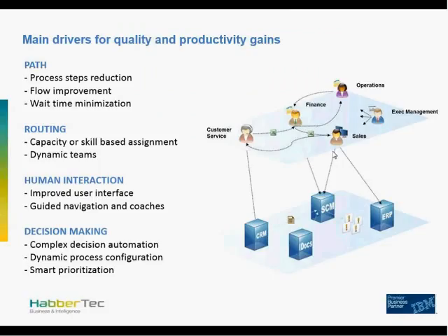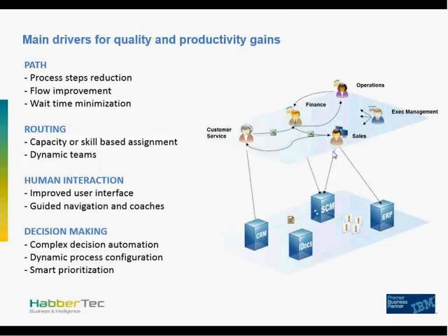Just as a summary, the main drivers for quality and productivity gains, which is applicable to banks but also to other businesses, when we approach a process with BPM, are summarized in these four big steps.